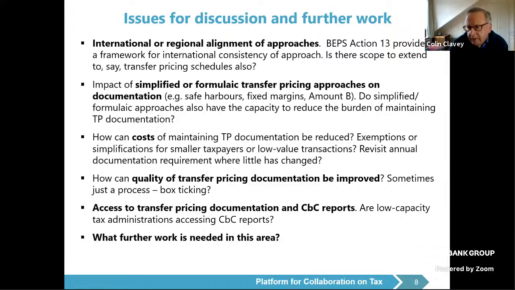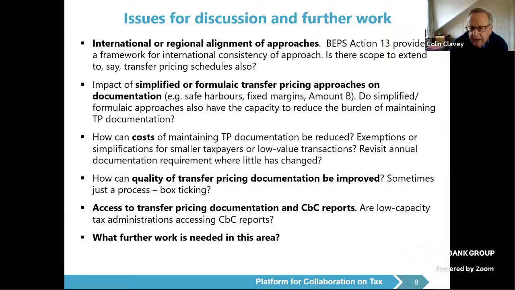I think all of those of us who actually work on the ground in audits know that well-produced documentation is extremely useful. It's useful for risk assessment. It's useful for selecting the specific issues to be taken up for audit. And it's the way into the dialogue, to understanding what the taxpayer has done and what their policies are, and the way into the dialogue that takes place during an audit.